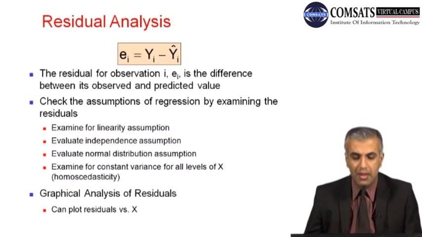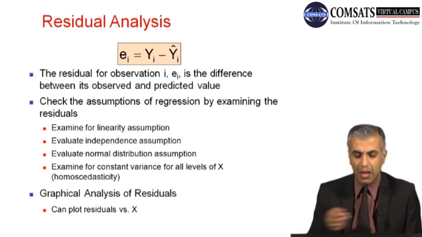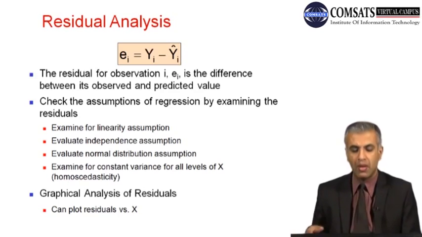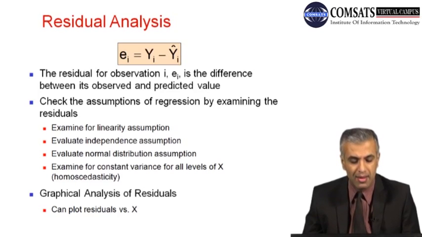Then we did discuss the residual analysis, how important it is, and what we have to evaluate. Typically we have to evaluate all the same things which we evaluated for the initial data set when it was about to be inducted for analysis.